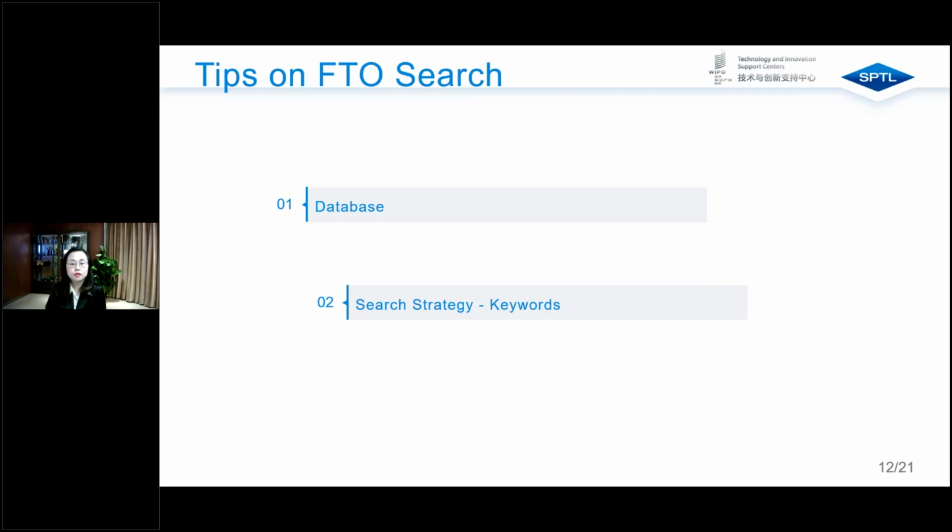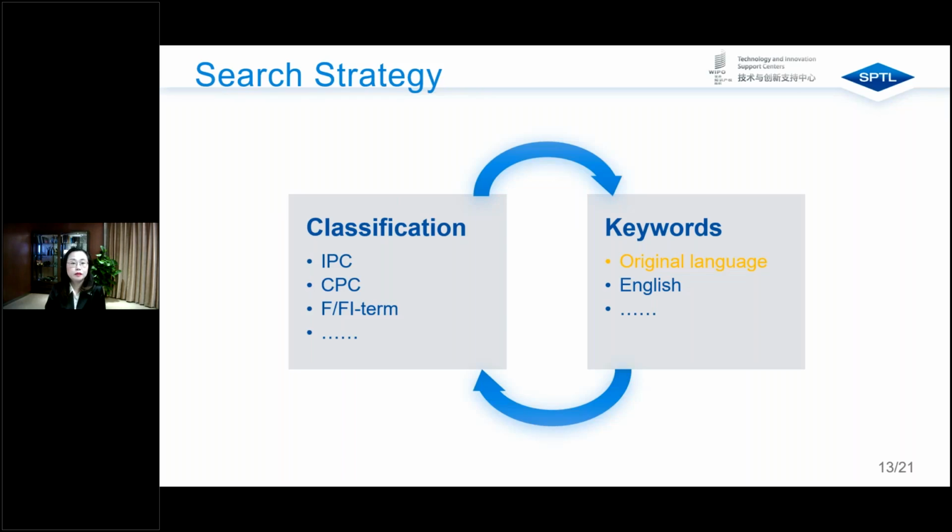Here, we would like to provide you some tips on FTO search in China, mainly about the database for searching and the keywords of the search strategy. It is well known that normally the classification and the keywords are used in the search strategy. The classification could include IPC, CPC, F-terms, and so on, and the keywords depend on the person who conducts the search.